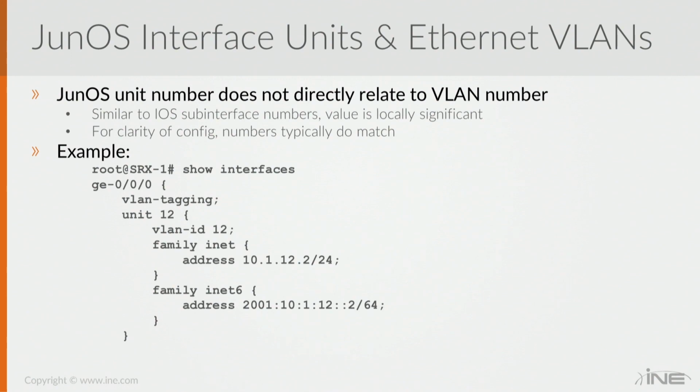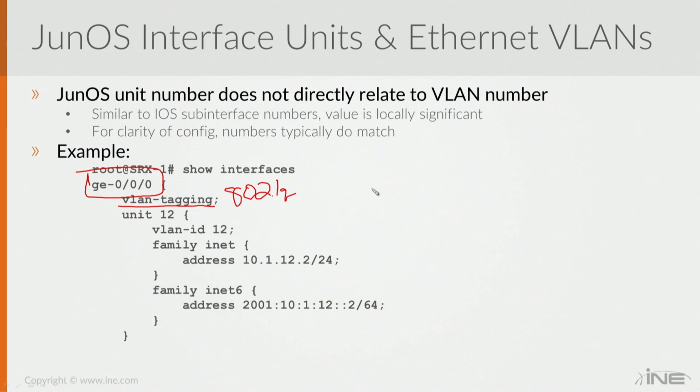but it's not 100% required. So here in this example, this is basically the equivalent of doing a router on a stick type configuration in iOS, where we have the main interface, which in this case is ge-0/0/0. We're saying to do VLAN tagging. Basically what this is doing is turning on 802.1q.